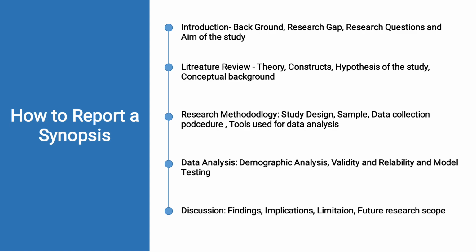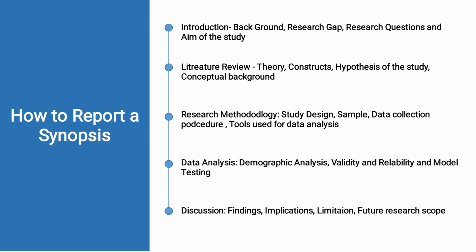Then you must go for the limitations. In limitations you write about what limitations you identify in your research. Maybe it's data collection, maybe the scope of the study, maybe generalization is a limitation in your study. You can identify and write down. Then future research scope, this is very important.